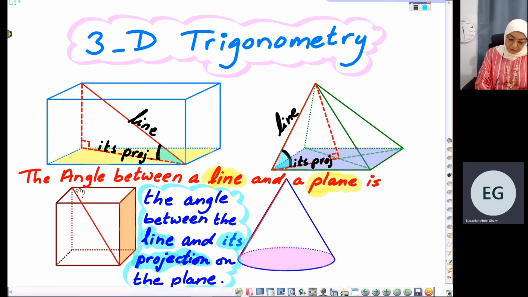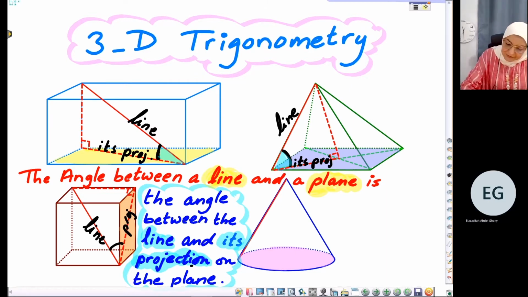From the free end, you drop a perpendicular to the plane, then join. As usual, you have to expect that the perpendicular line you are dropping is one of the edges. I drop a perpendicular to the plane, then join to the fixed end. This is surely a right angle. So the angle is between the line and its projection on the plane. It's this one. Let's shade it in blue.